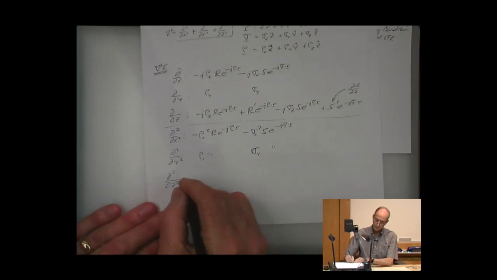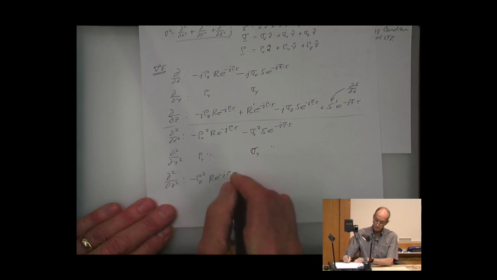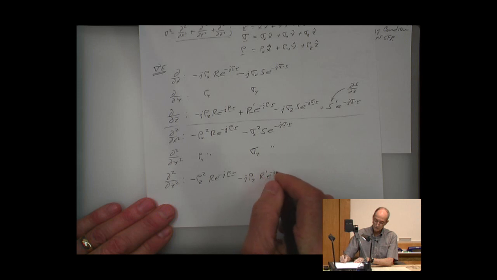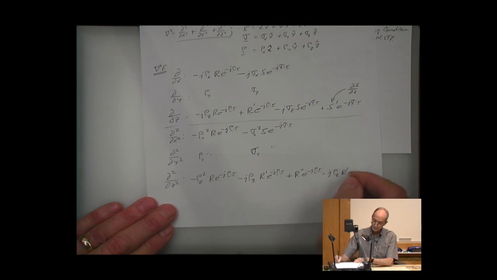Okay, so here we end up with minus rho z squared r e to the minus j rho dot r minus j rho z r prime e to the minus j rho dot r plus r double prime e to the minus j rho dot r minus j rho z r prime e to the minus j rho dot r. Okay, so that's this part.